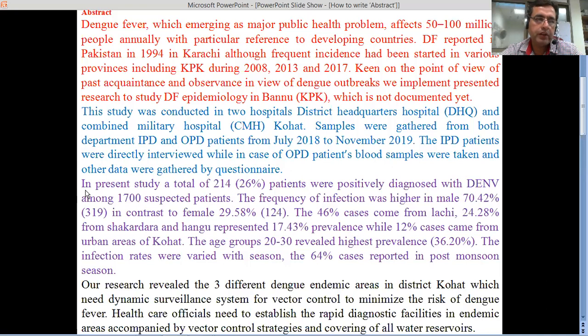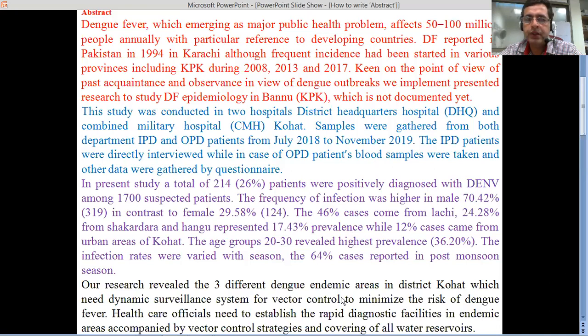Now, if you look at this purple text: in the present study, a total of 14 or 26% patients were positively diagnosed with DENV or dengue virus among 1,700 suspected patients. The frequency of infection was higher in males, 70.40%, in contrast to females.